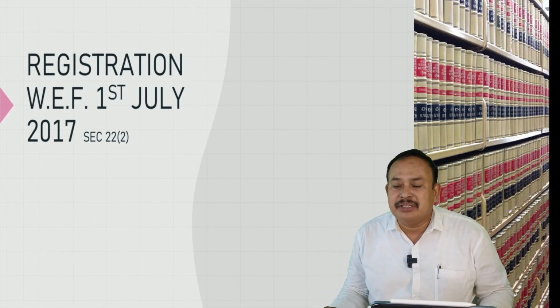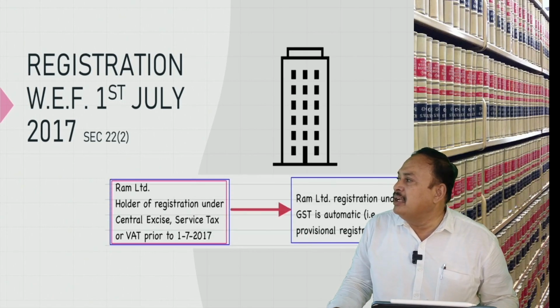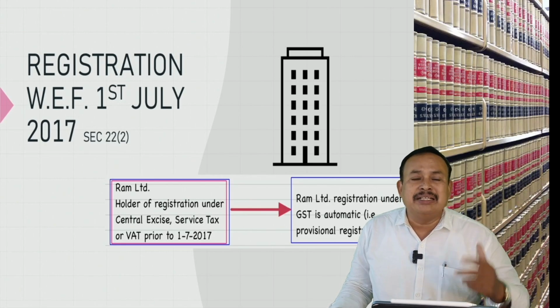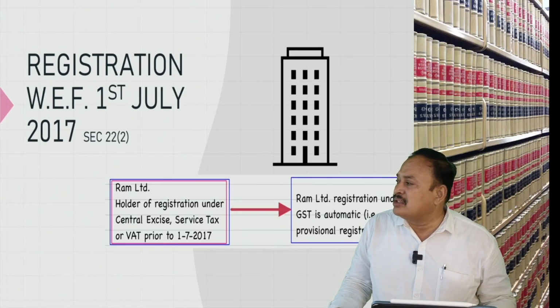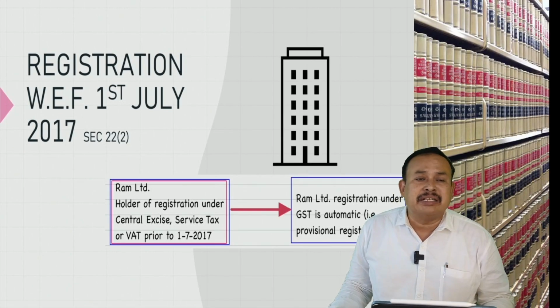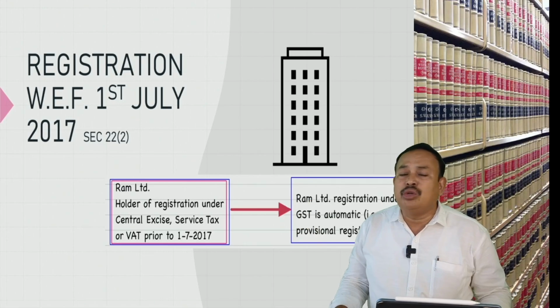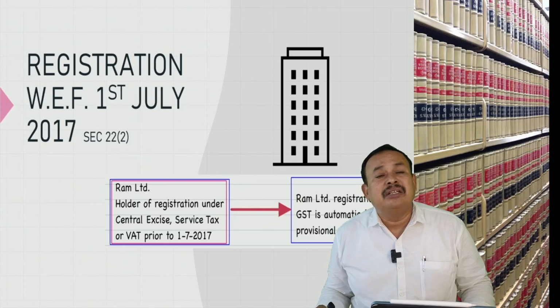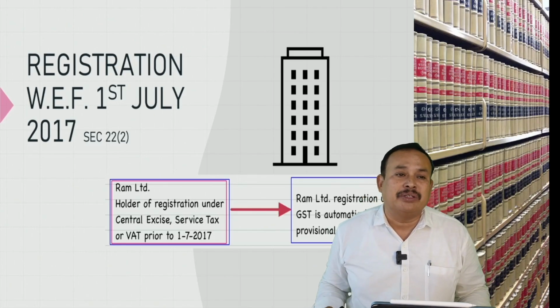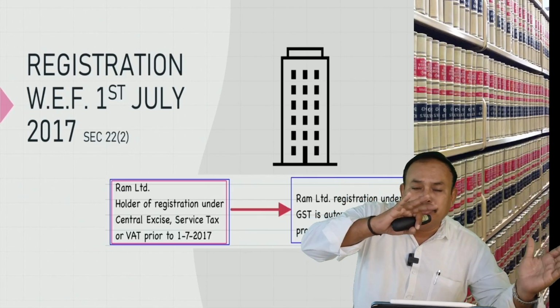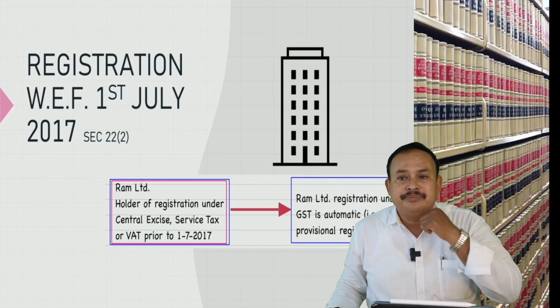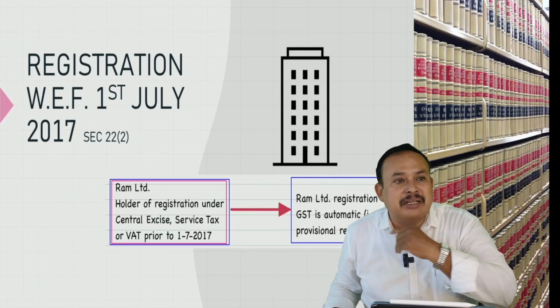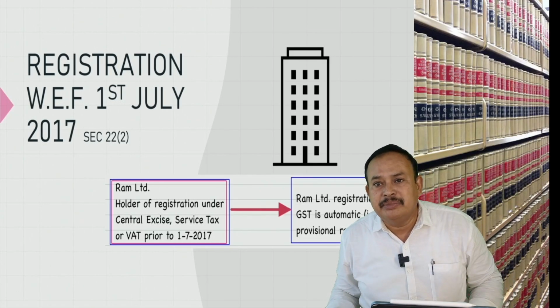Is it clear, my dear friends? Look here, this company MRF Limited, a holder of Central Excise Code under the Central Excise Law, Service Tax registration, VAT registration, became a GST registered person compulsorily from 1st July 2017 irrespective of turnover, because all those registered persons were copied and pasted under the GST law as registered persons. Thereby they got registered. Got the clarity? Any difficulty? Yes or no?